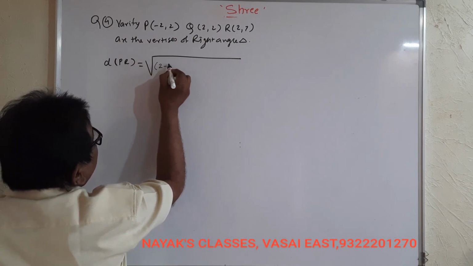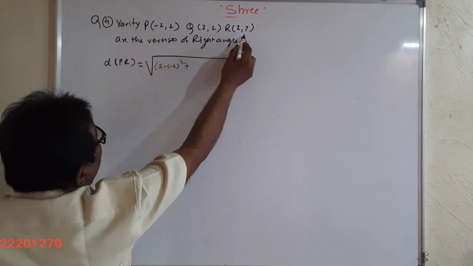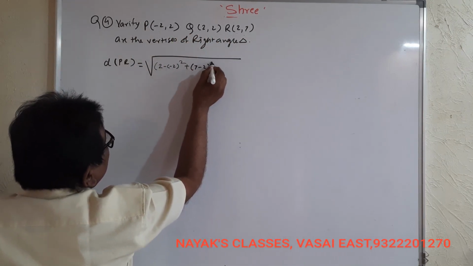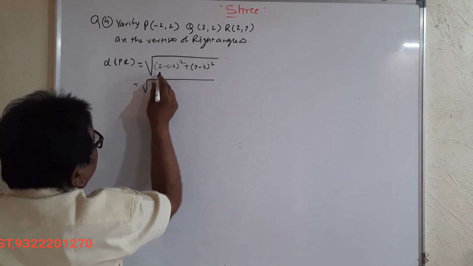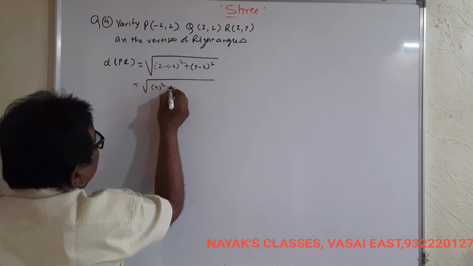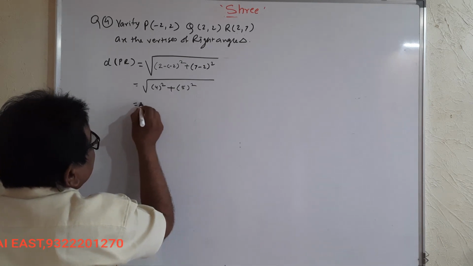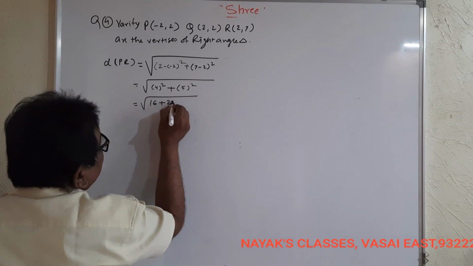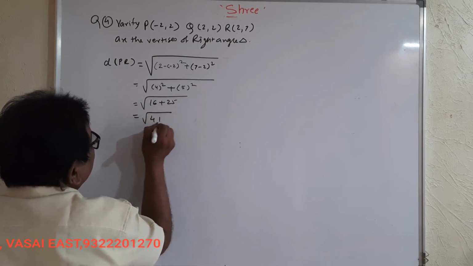So 2 minus minus 2 the whole square plus y2 minus y1, so 7 minus 2 the whole square, which is equal to 2 plus 2, 4 the whole square plus 5 the whole square, which is equal to 16 plus 25, under root 41.